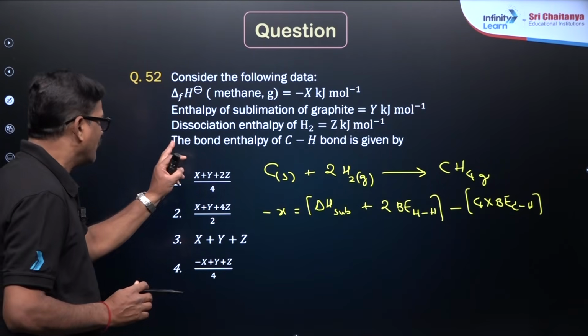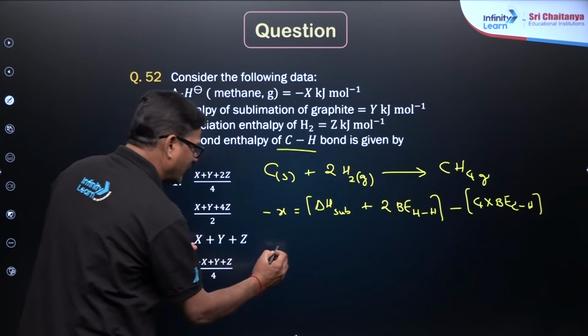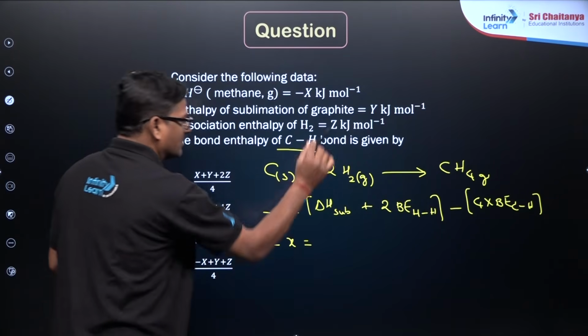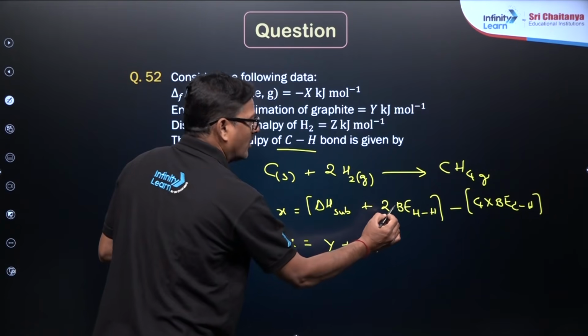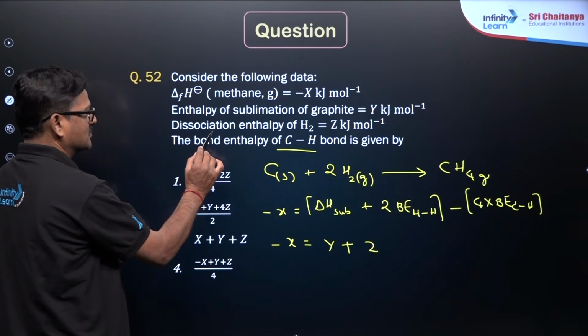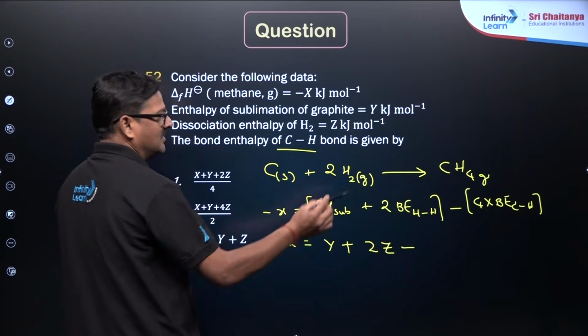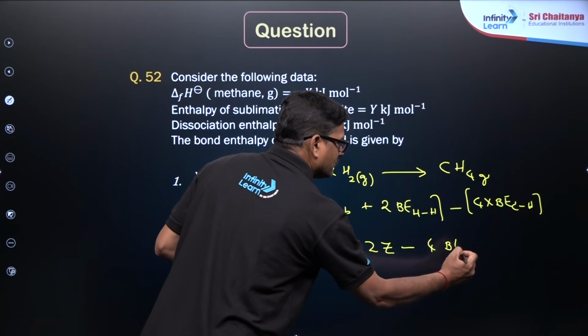Now it is asked, the bond enthalpy of carbon to hydrogen. Here it is minus X. The enthalpy of sublimation is given as Y, plus 2 into the bond energy of hydrogen to hydrogen, which is Z, minus 4 into the bond dissociation energy of carbon to hydrogen.